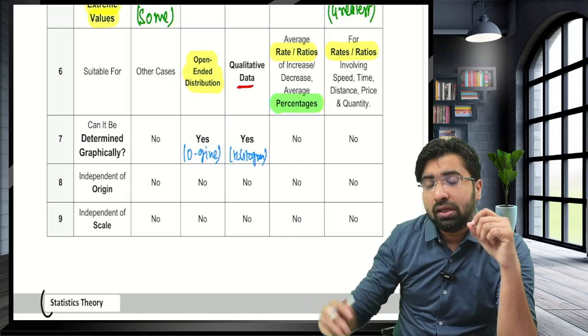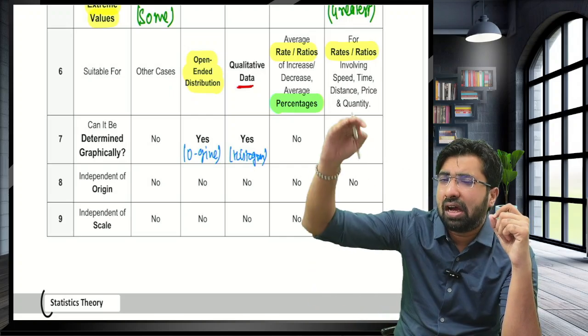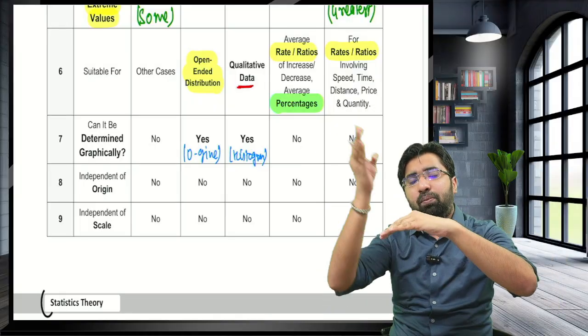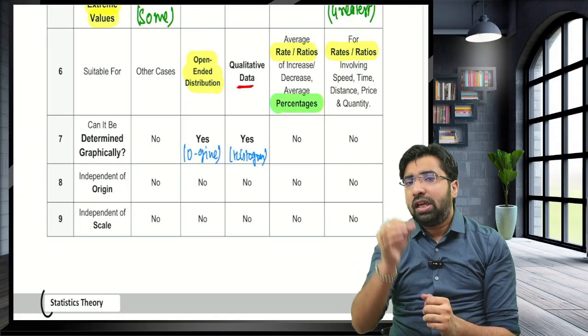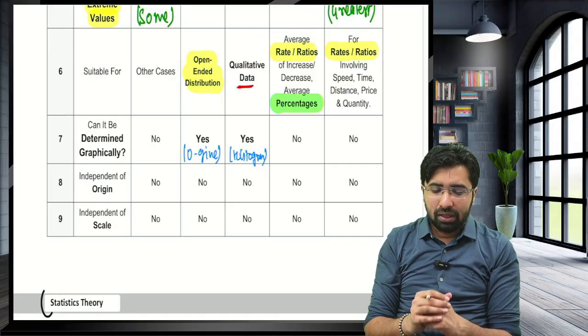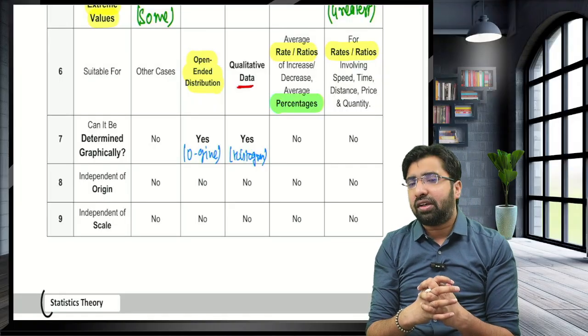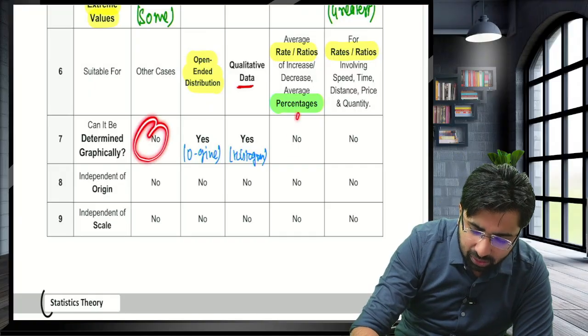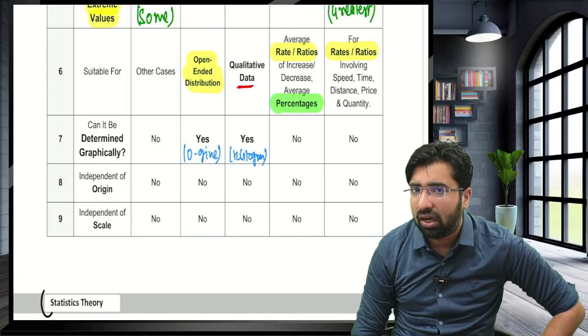What is mode? The observation which has the highest frequency is the mode. What is the ogive? The less than ogive and more than ogive intersect at a point. If you draw a perpendicular from that point, it will give you the median. But mean cannot be calculated graphically, whether it is AM, GM or HM. You cannot calculate any of the means.